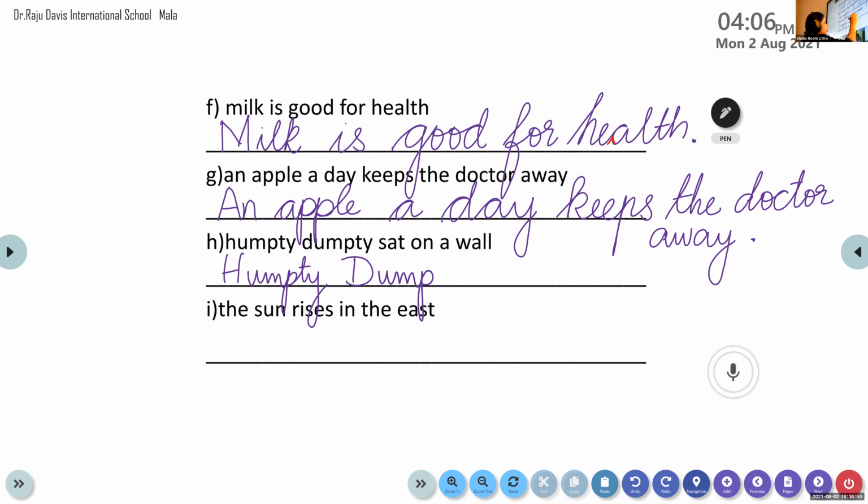Okay, very good. Dumpty sat on a wall. Okay. Full stop. Then place a full stop at the end of the sentence. Very good. Yes.